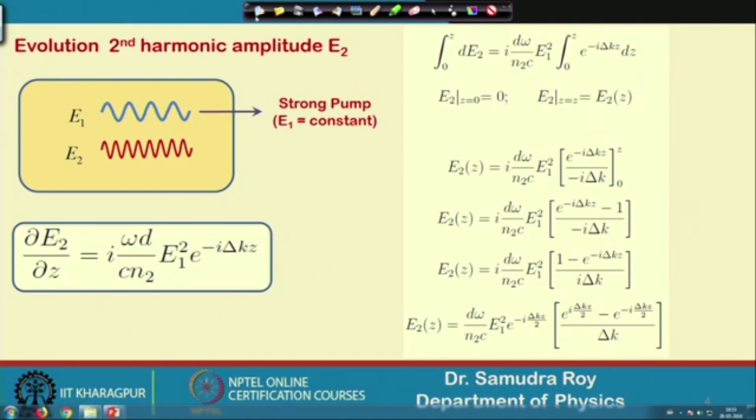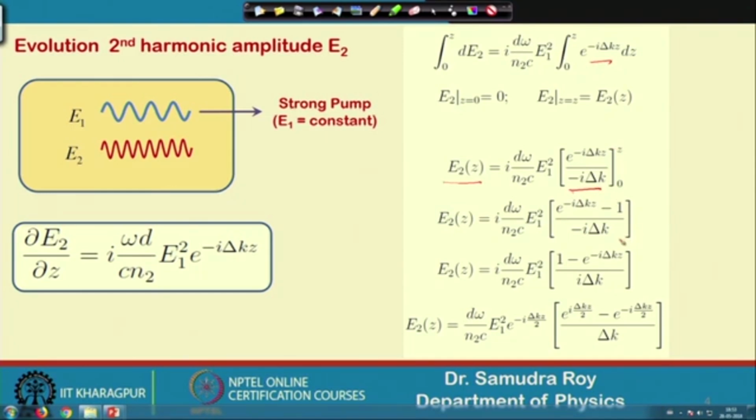Okay. So, now the integration part, we know this integration and this is a very straightforward integration. So, this will be E2 and this is the constant term, as I mentioned earlier, it will come outside, and this integration is e to the power I k z, and I k z will come, minus I k z will come here in the denominator with the limit 0 to z.